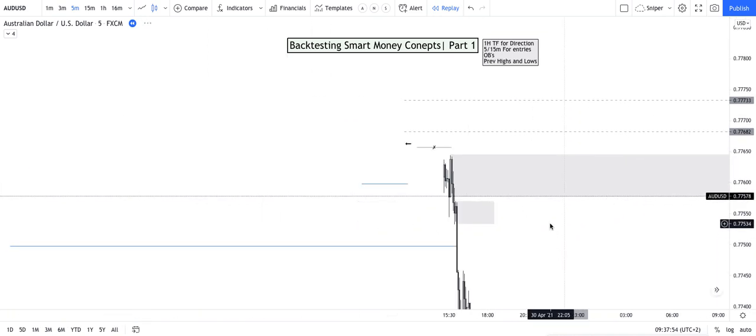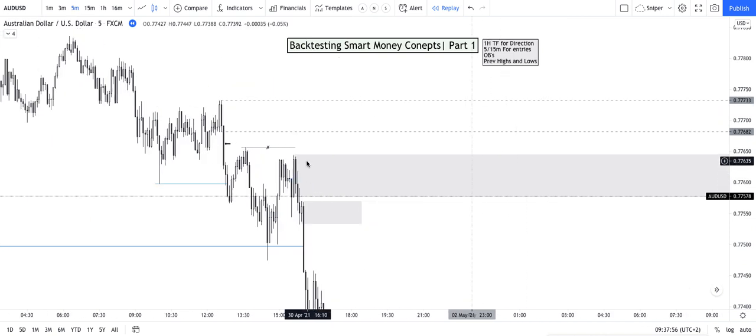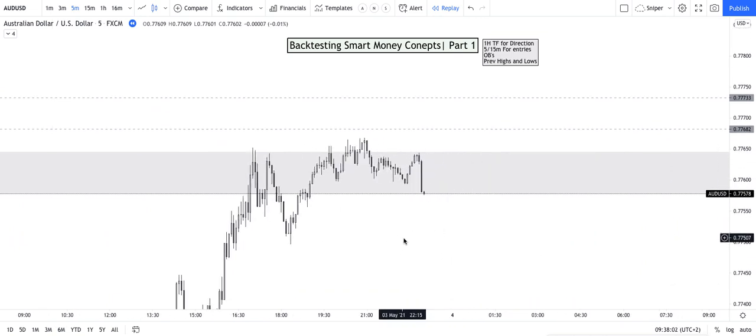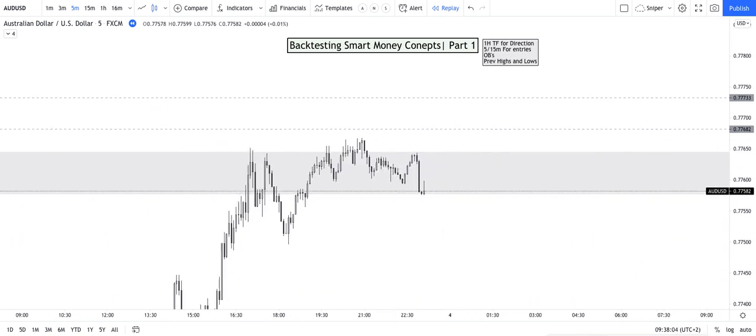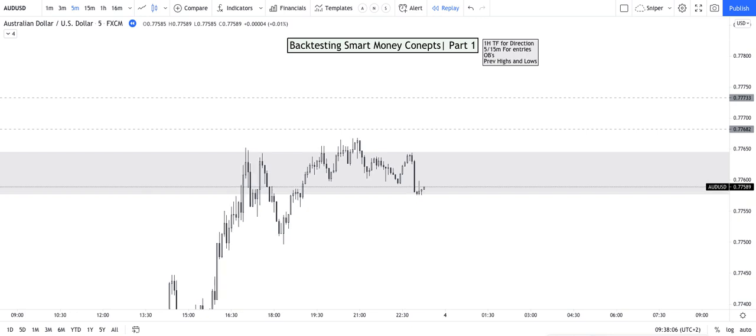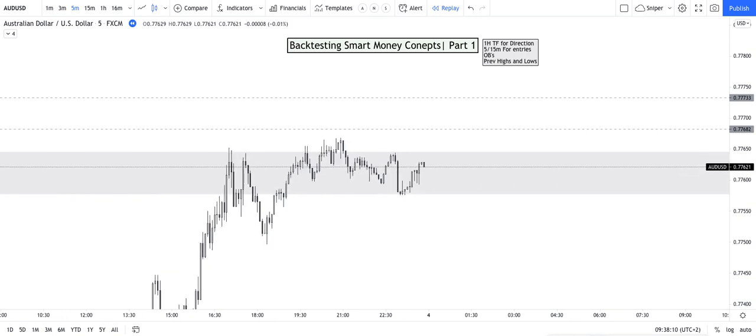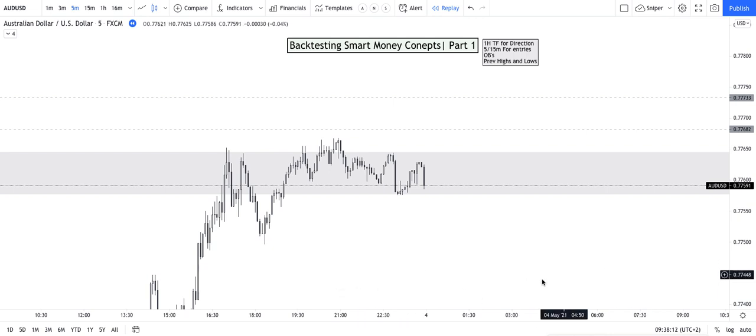Okay, so over here we can see we tapped into this order block. We missed this one, but we did tap into this one, and we just swept the highs a little bit there as well. Give us a few more candles. We're still ranging. If we see a nice impulsive move down now, that can be our structure break. So potentially here you could have gotten a first entry.